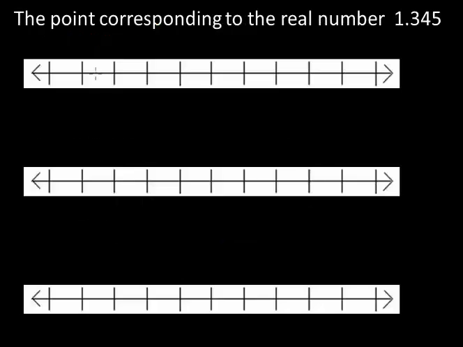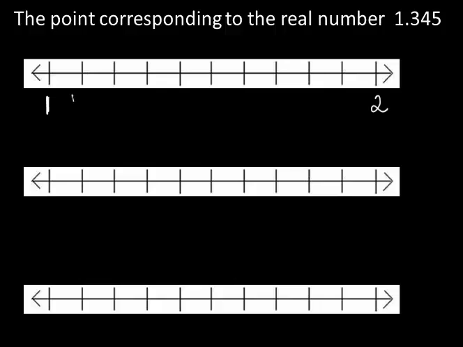Okay, so let's say that we want to find the point corresponding to the real number 1.345. Well, the first thing we might notice is that it is certainly between 1 and 2, and this is divided into 10 little segments of equal length.